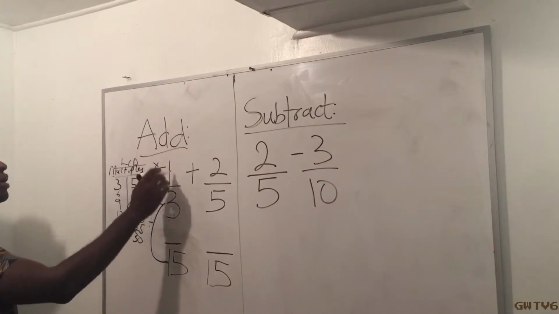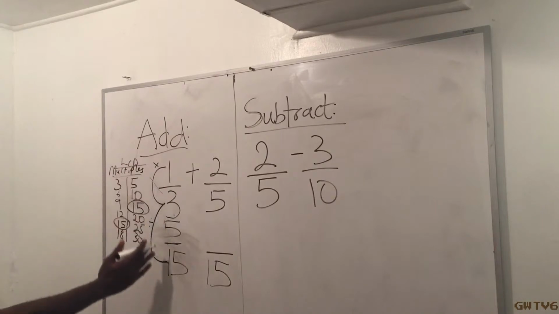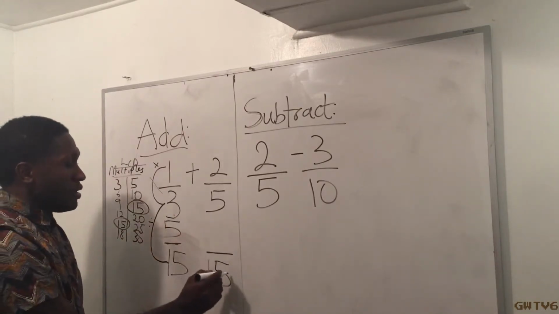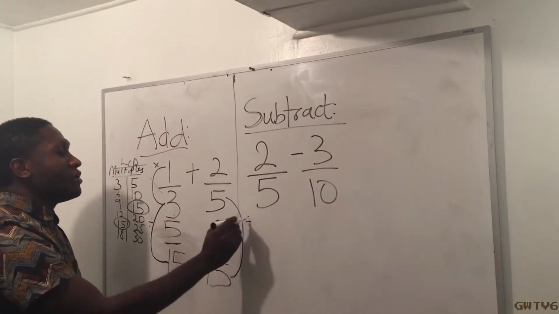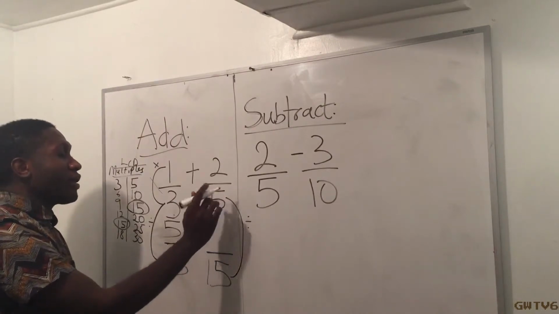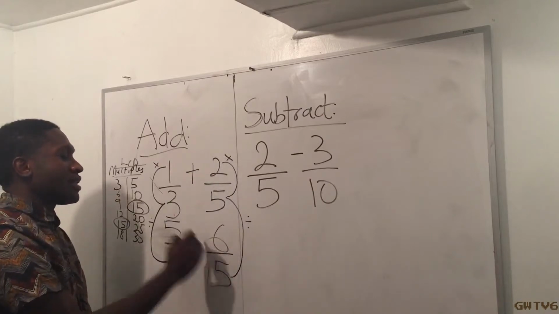So 5 times 1 is 5. So that was for the first fraction. Then I move on to the next fraction. Same rule. The LCD divided by that denominator right there. So 15 divided by 5 is what? 3. And then 3 times 2 is 6.